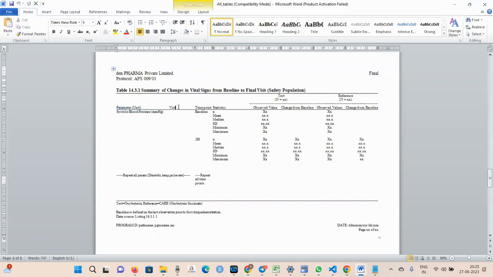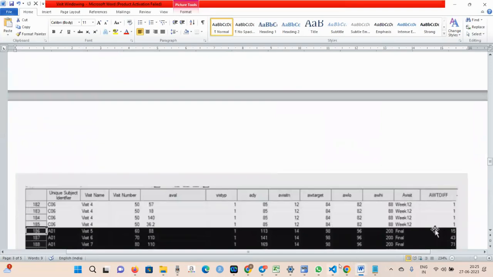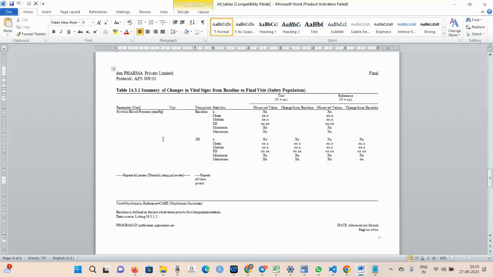But usually, based on the mock shell, sometimes they will mention month wise or day wise or week wise. Only at that time will this visit windowing concept be applicable, because in the mock shell they have mentioned week wise or month wise.